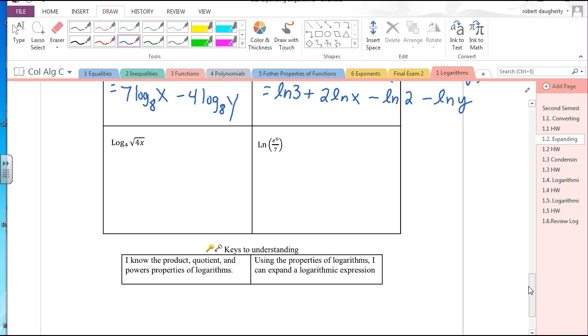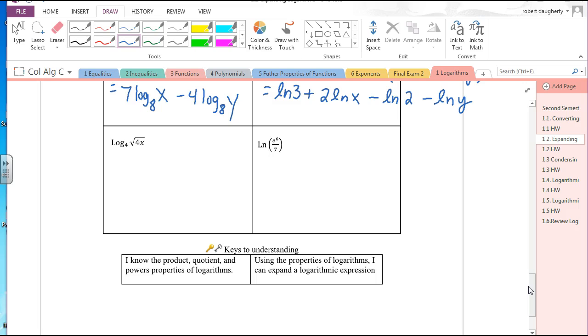Okay, a couple more here. Log base 4 of the square root of 4x. Okay, guys. Log base 4 of the square root of 4x.